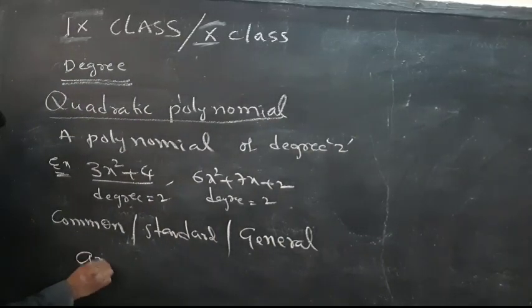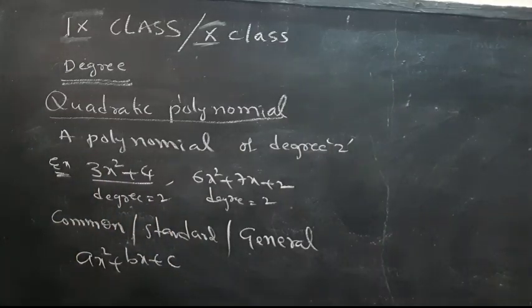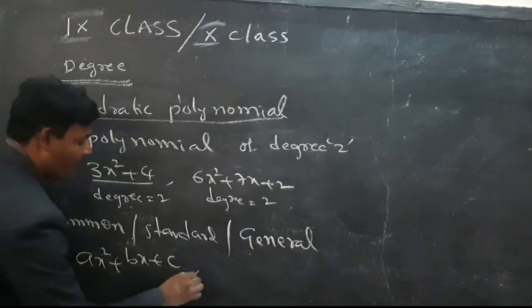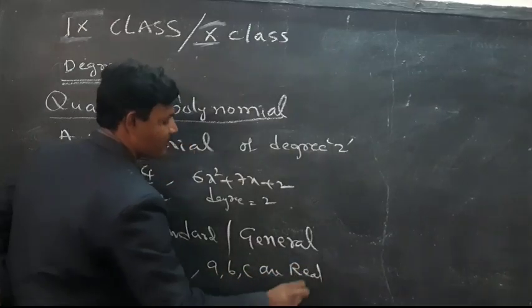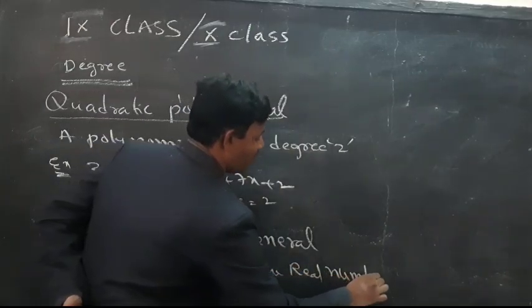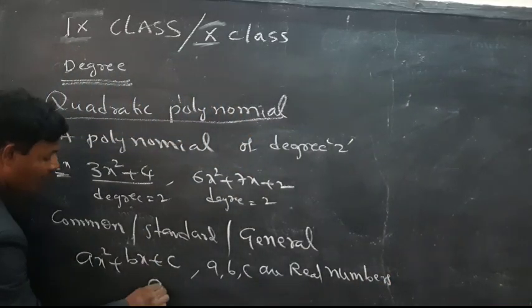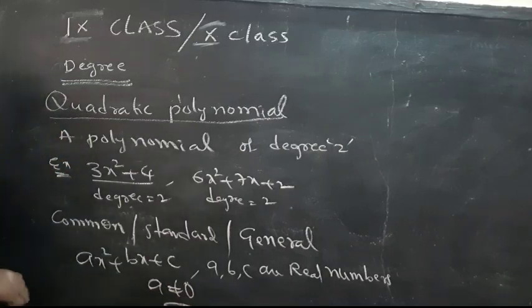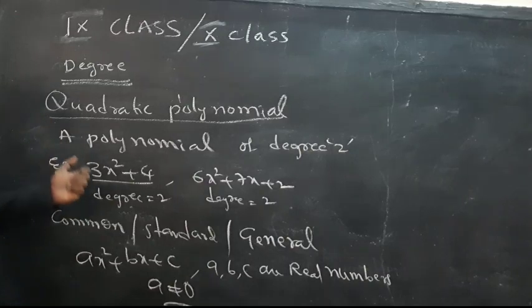So ax square plus bx plus c is called a quadratic polynomial, where a, b, c are real numbers and a is not equal to 0. Whatever polynomial has degree 2 is called a quadratic polynomial.